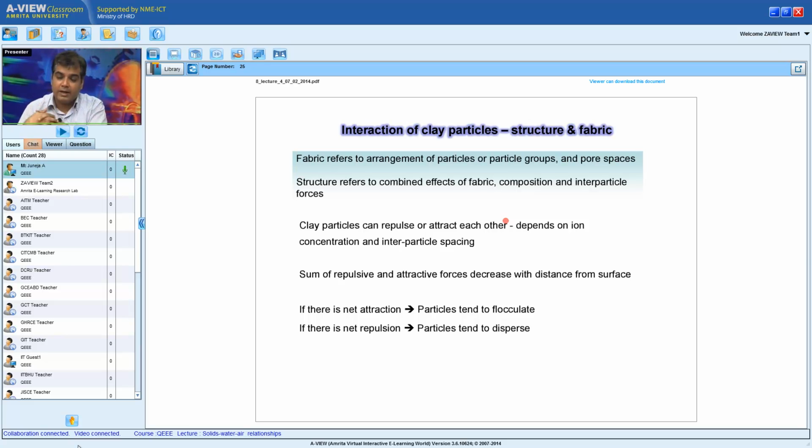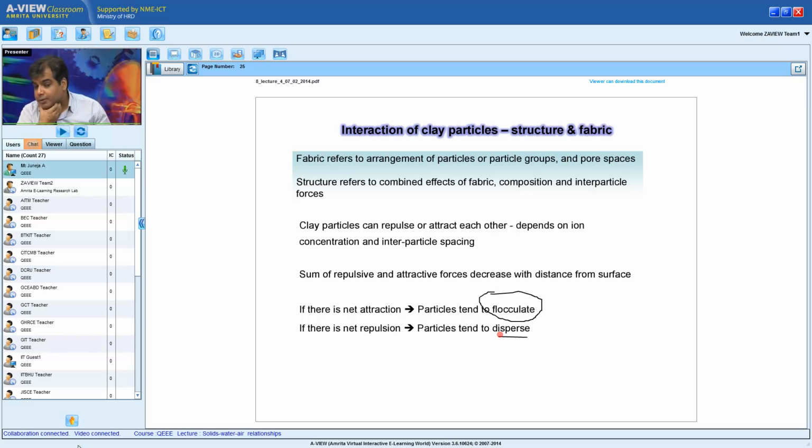Again, we will look at it later, but for the time being, just visualize that there is a set of clay particles which have very strong attractive force and a set of clay particles which have less attractive force. The ones which have strong attractive force will tend to flocculate. So if there is a net attractive force, the particles will tend to flocculate. Otherwise, they tend to disperse.